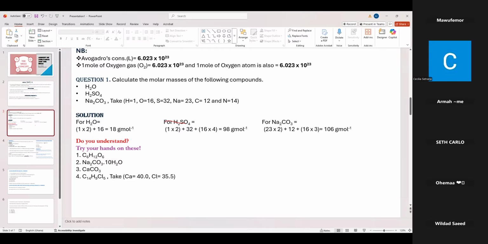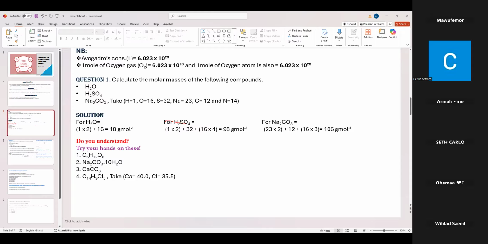So first of all, you have 1 multiplying the 2, which is the subscript of the hydrogen, plus 16, the relative atomic mass of oxygen, giving us 18 gram per mole. So the molar mass upon calculation is 18 gram per mole.